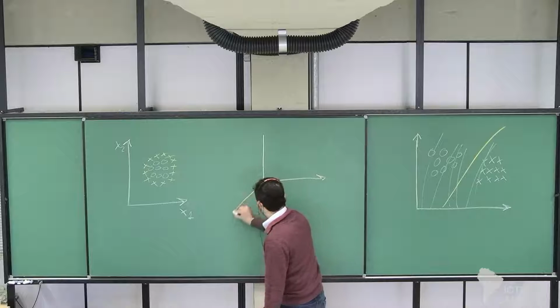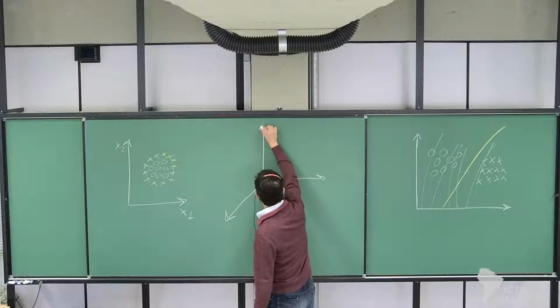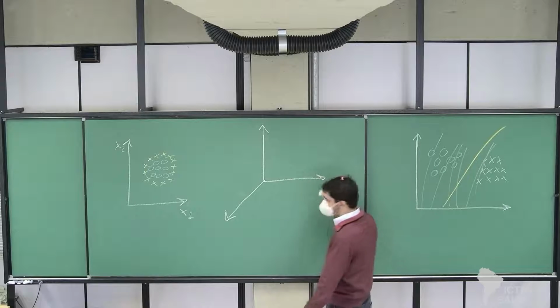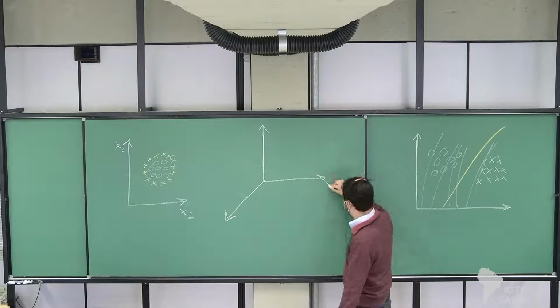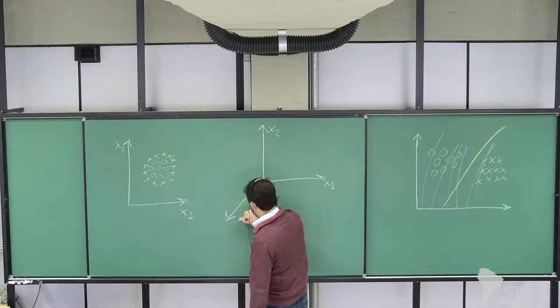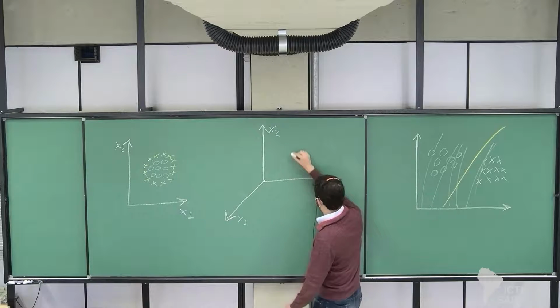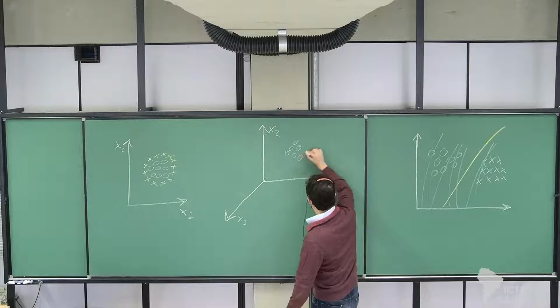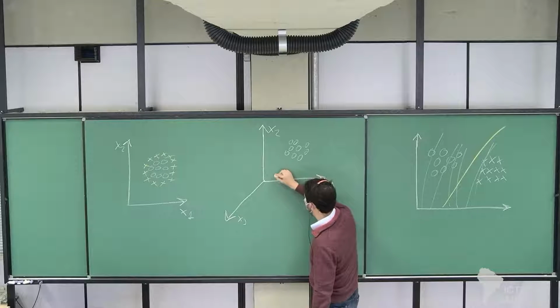you can increase the dimension, using some specific mathematical transformation. You can increase the dimension, x1, x2, then x3, and now you are going to have something that I don't know how to draw. But it will be something like, I don't know.